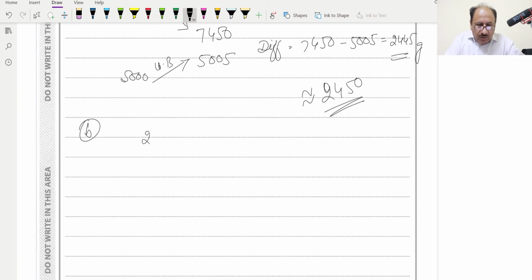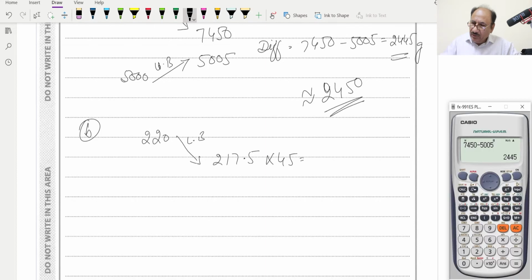The lower bound of 220 will be 217.5, because 5 divided by 2 is 2.5, so we subtracted 2.5 and got 217.5. And for 45 bags we will multiply it by 45. 217.5 multiplied by 45 will be equal to 9787.5.